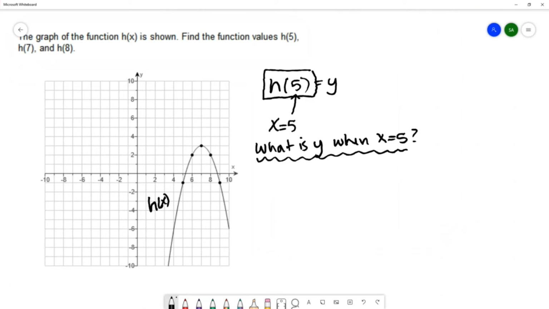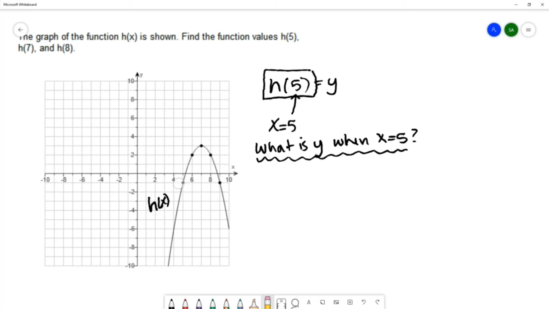We're going to look for an x value of 5. So looking on the x-axis, we've got an x-coordinate of 5. On my little circle, we have an x-coordinate of 5. We want to find that x-coordinate on the graph. So the point I'm highlighting now is an ordered pair that has an x-coordinate of 5.